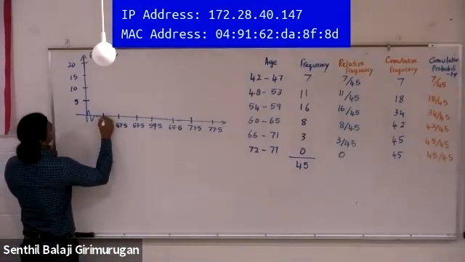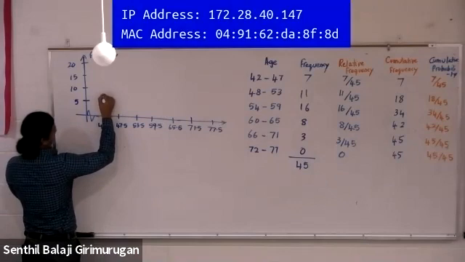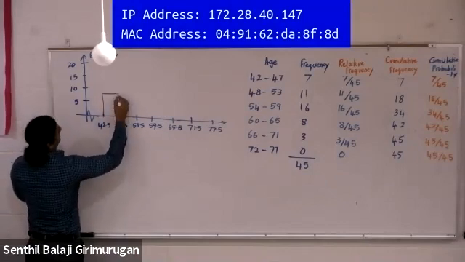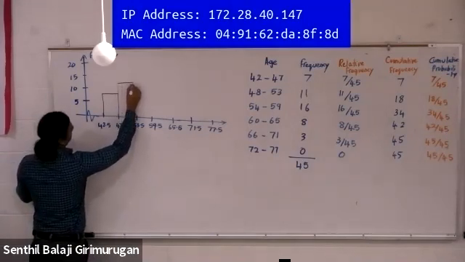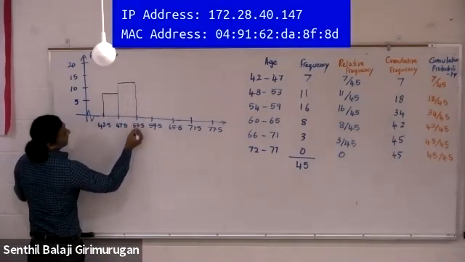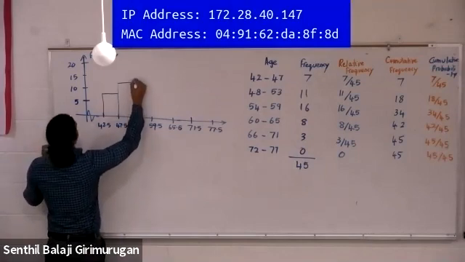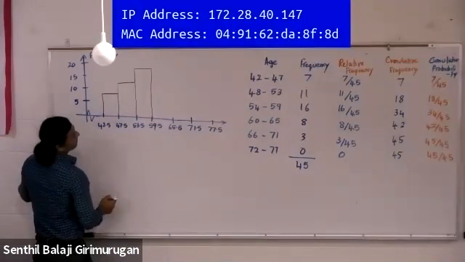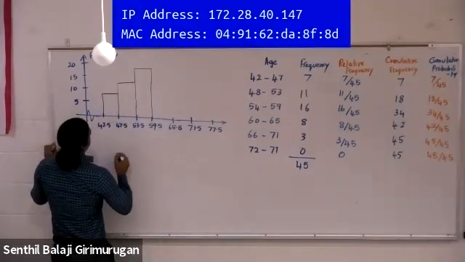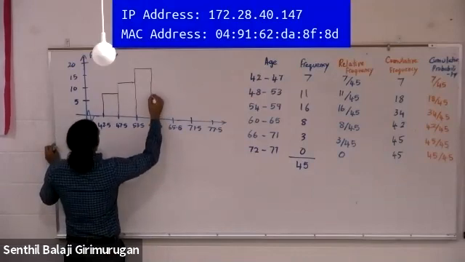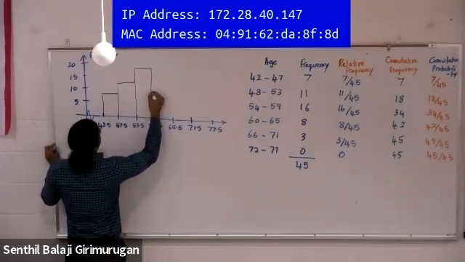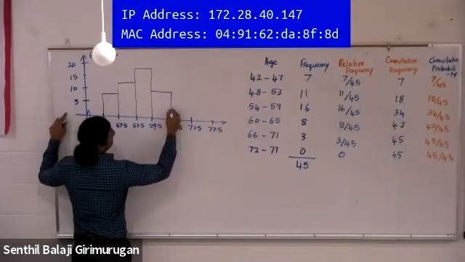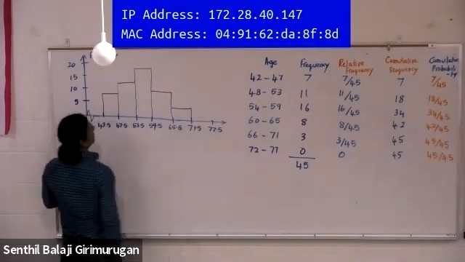So first we have 7, then 11, 16, 8, 3, and 0.